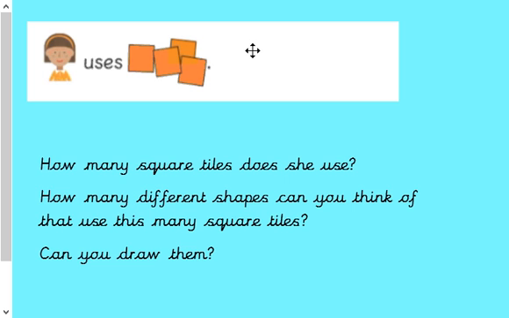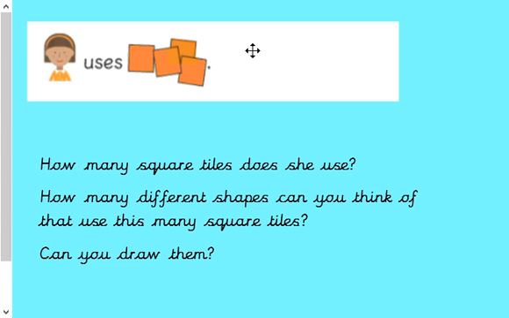Okay, secondly then, the young lady, she's going to have a go at using 4 of the tiles. First of all, the first question is, how many square tiles does she use? Well, we've just said she uses 4. But how many different shapes can you think of that use square tiles like this? Can you draw them? If you haven't got any square paper, on this week's learning page, I've put up a PDF, a printable sheet that has squares on it.